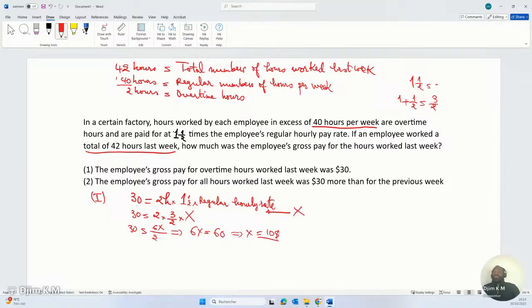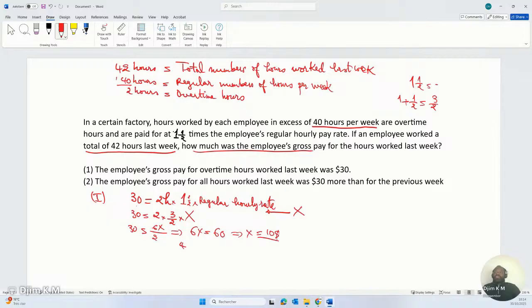And then if we want to find the value that is asked here, what was the employee's gross pay for the hours worked last week, we can get that.